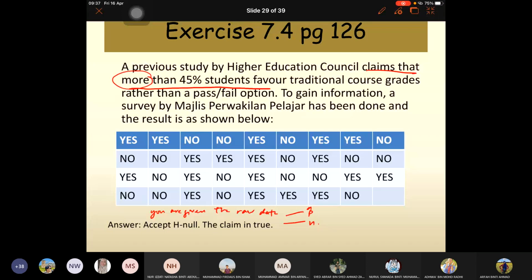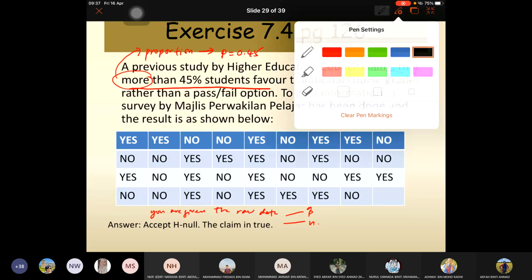And then dia ada percentage, so kita terus tahu yang ini adalah proportion. Okay. Dengan P sama dengan 0.45. Population proportion equal to 0.45.